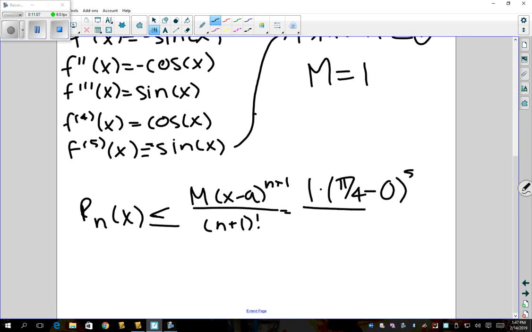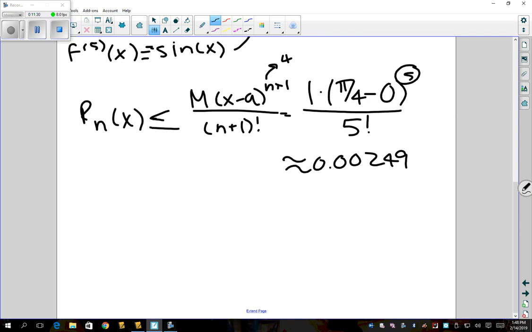And then we're looking at the 5th degree because we were given up to the 4th degree. So for n plus 1, 4 plus 1 is 5, and then over 5 factorial. So this is about 0.00249. And so the error of the series is about 0.0025.